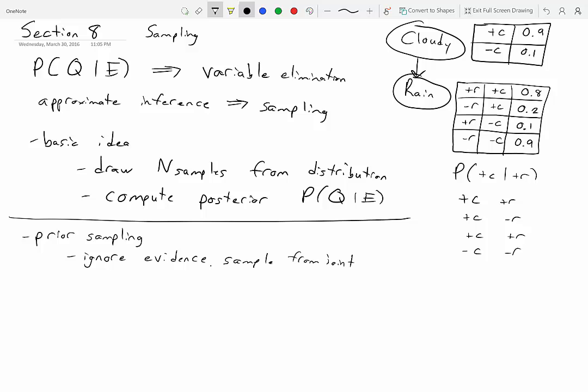So that's what I did over here. I just looked at my Bayes net and I sampled different values for cloudy and different values for rain. Then what I do is I perform inference by counting the right samples.